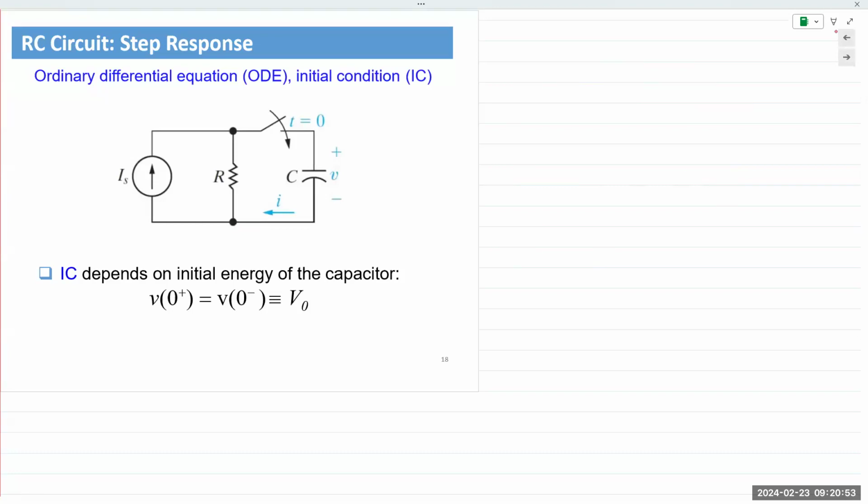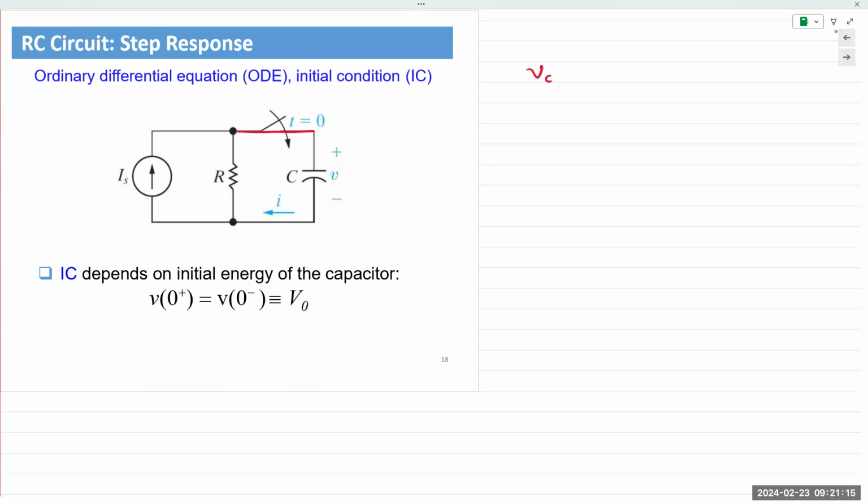So here, prior to t equals 0, the switch is open. At t equals 0, the switch is closed. And so the capacitor has a path to charge from the current source IS. Okay, capacitor starts charging.